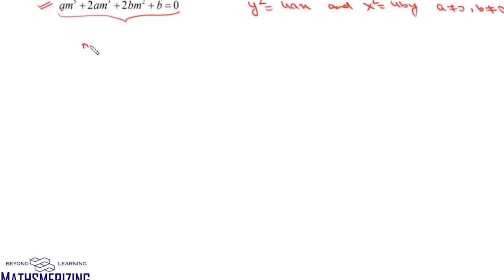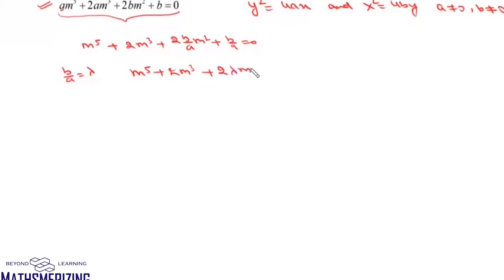So I'll write m to the power 5 plus 2m cube plus 2 b upon a m square plus b upon a equals 0. Now I'll take this b upon a as some other constant, lambda. So I'll write this equation as m to the power 5 plus 2m cube plus 2 lambda m square plus lambda equals 0.